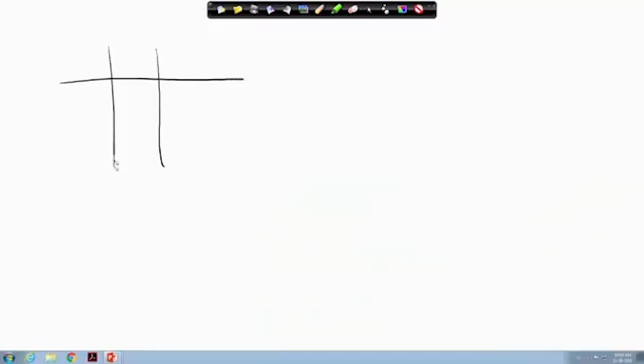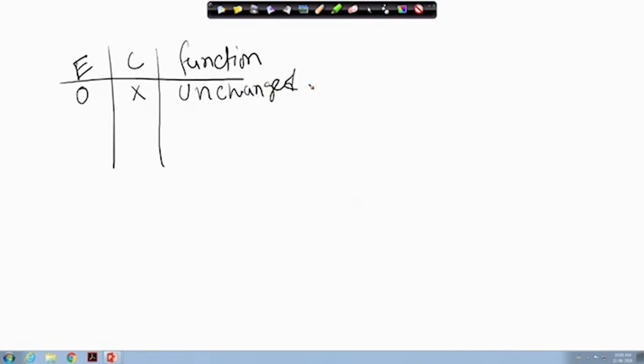In the 2's complement circuit, consider two control signals, E and C. Whenever E equals 0, the corresponding output will not change; it will remain the same as the input.